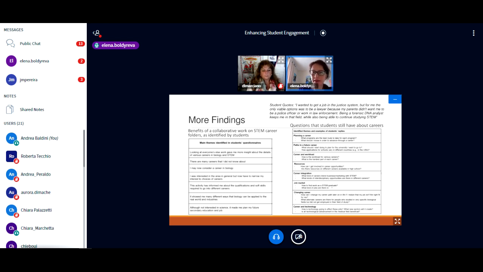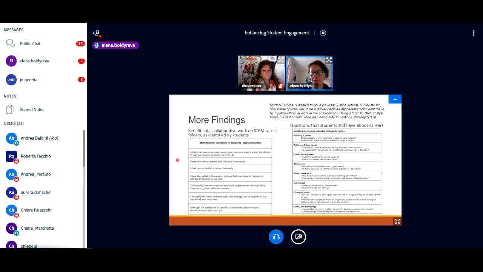We identified main themes in student questionnaires that we collected after the delivery of this curriculum. For example, students said that looking at everyone else's work collectively gave them more insights about the details of various careers in biology and STEM. Students also found that there are many careers that they did not know existed.